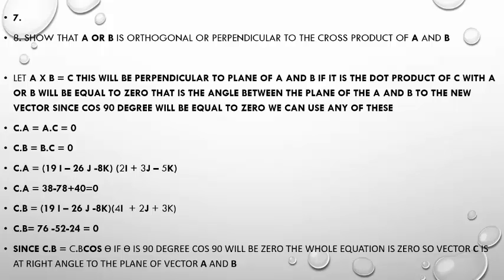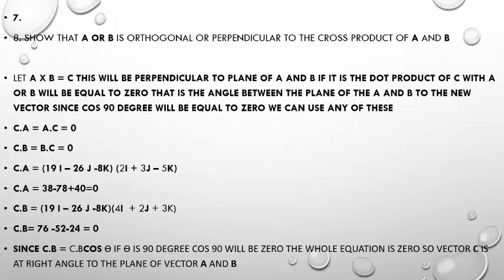If we find the dot product of A with C or C with B, and that dot product is equal to 0, it means that our answer is perpendicular to the plane of A and B. Because when we find the dot product, A dot C will give us AC cosθ. It means the angle between them is 90 degrees.